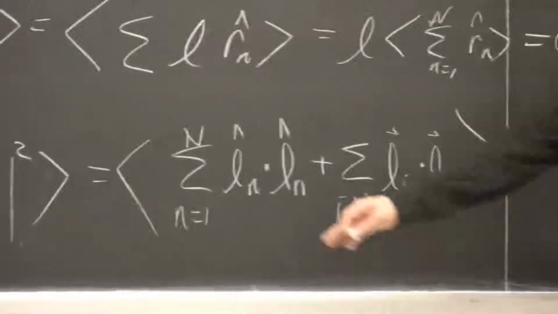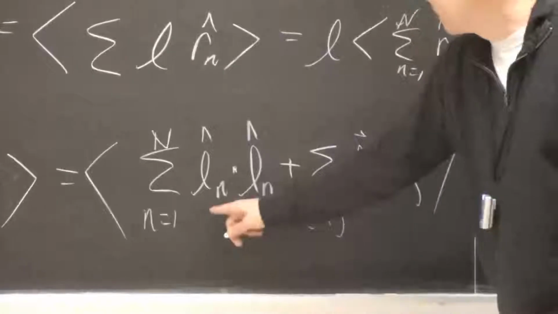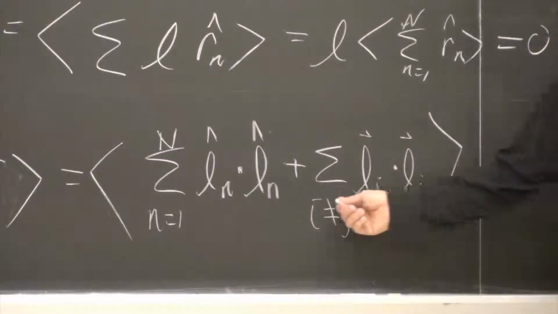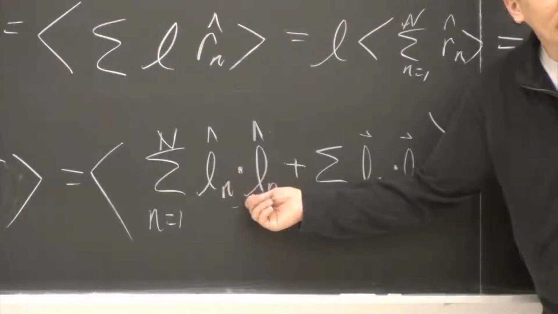So you just open up this product square into these terms, and you notice that this one is simply 1, right?